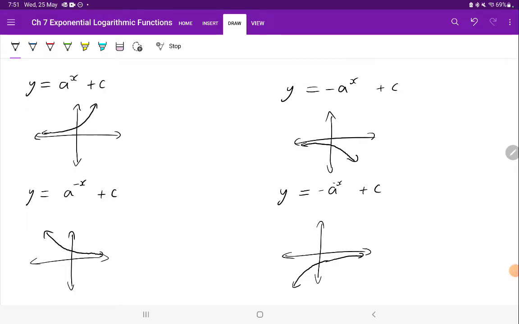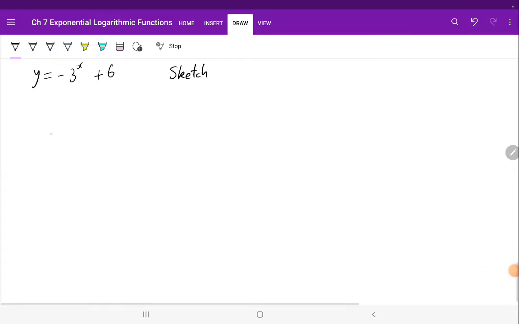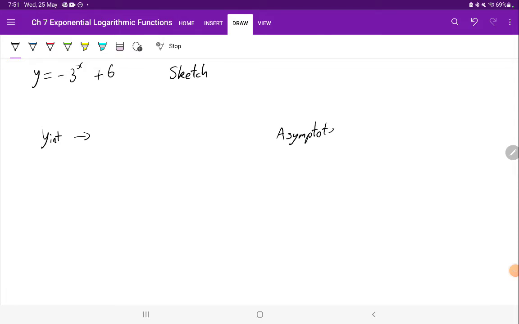So let's try to do a quick sketch. For the moment, we're only going to be looking for the y-intercept and the asymptote. Now, we can't currently work out the x-intercept, and we'll go through that a little bit later why. But the asymptote we can just read off. So the asymptote is always just going to be whatever the constant is on the end.